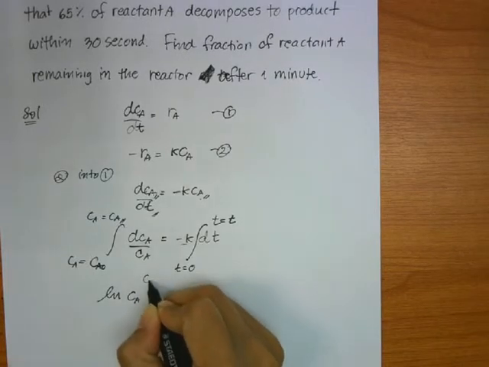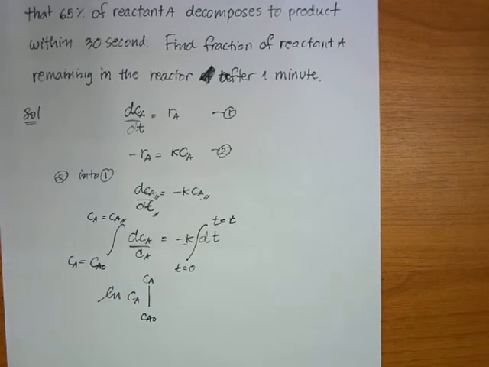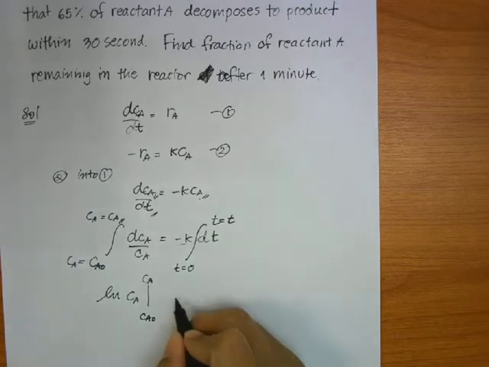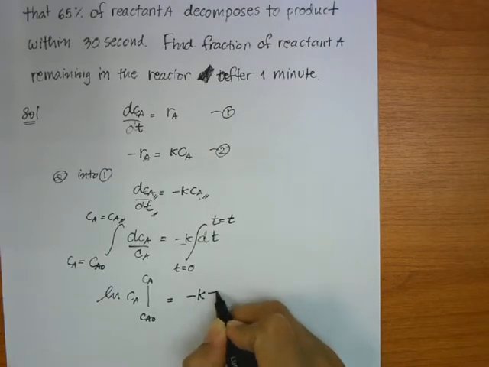I didn't put the absolute sign there because I know that the concentration of substances never has a negative value, which is equal to minus K times t.